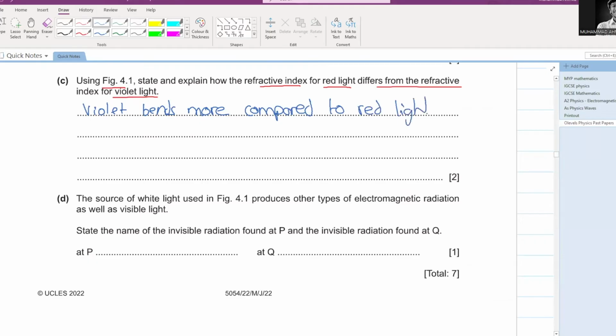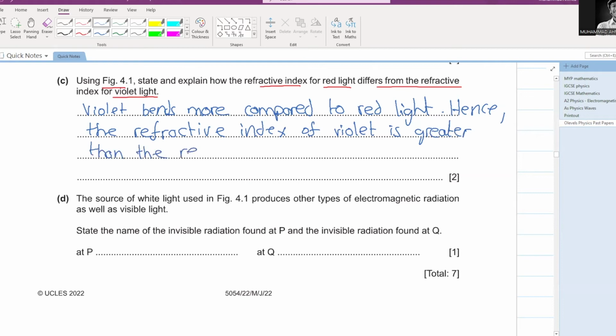Hence you will say the refractive index of violet is greater than the refractive index of red light. Simple question. Let's read ahead.